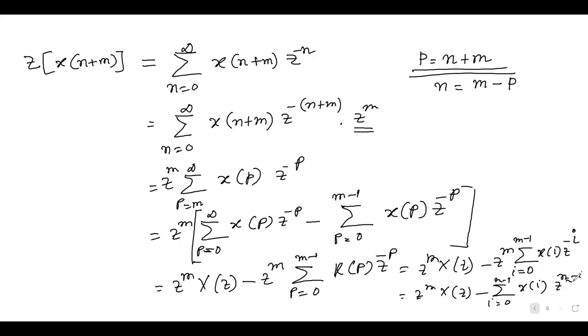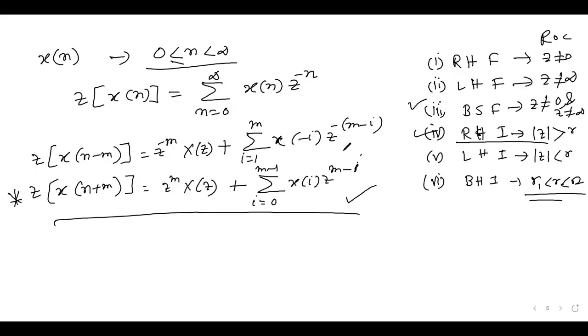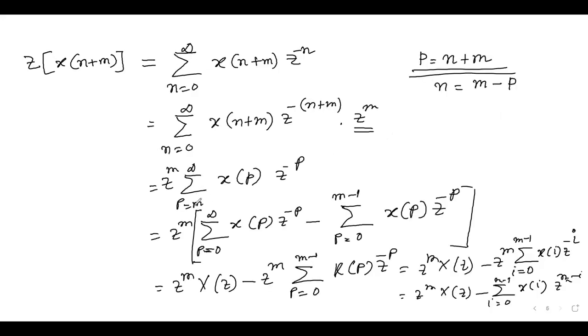Similarly you can prove this one, it is of the same kind, I hope you can prove this. In that case the limit will be negative, here it will be minus, the limit will be negative. Let me do it. So the z transform of x of n minus m, what will be the definition?